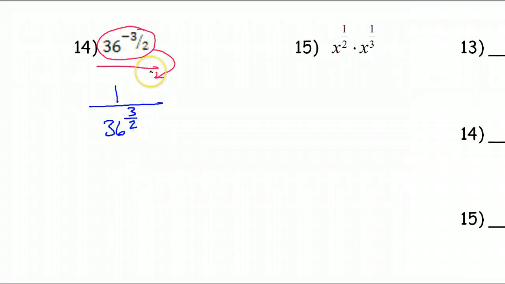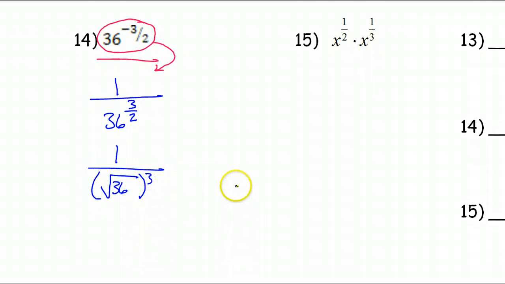I just drop it down because it's a negative exponent. Now I will use my radical form to simplify this. So 1 over, 2 is the root, 3 is the power, so that means the square root of 36, the second root, and then to the third power.